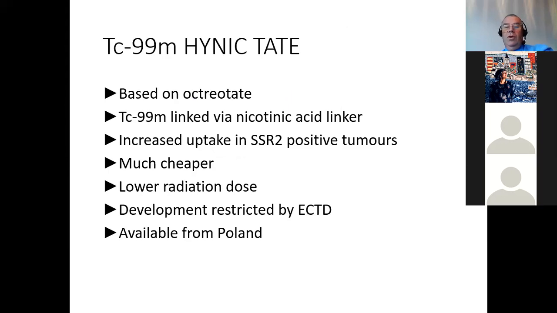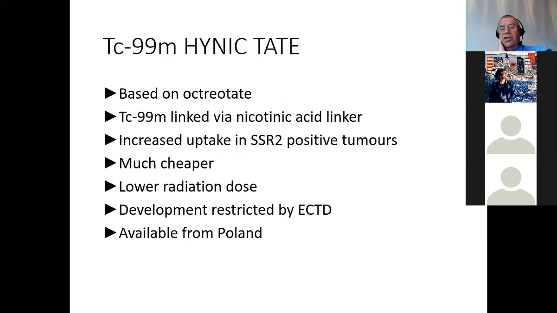More recently, we've been able to use Hynic octreotate, sometimes called Tectrotyd. The Hynic is a nicotinic acid linker that seems to work very well. It has particularly good affinity for the somatostatin 2 receptors like gallium dotatate.